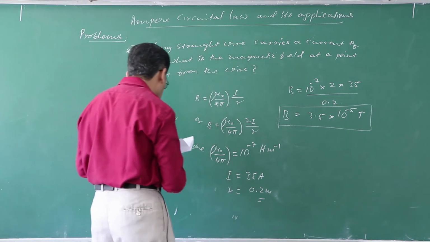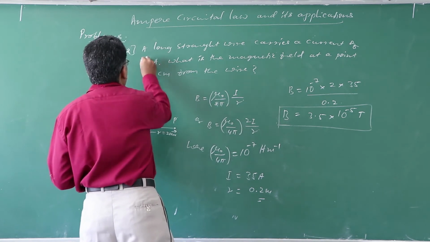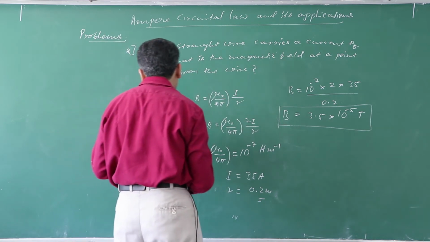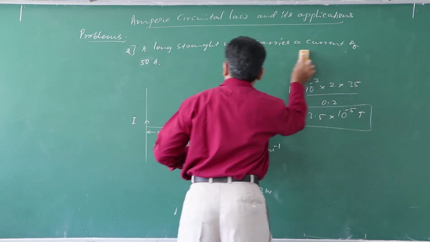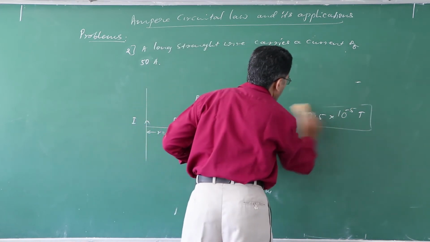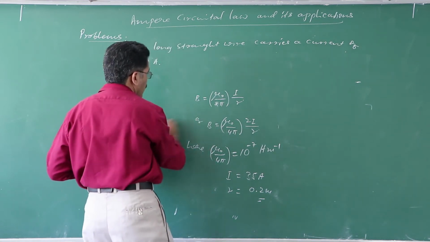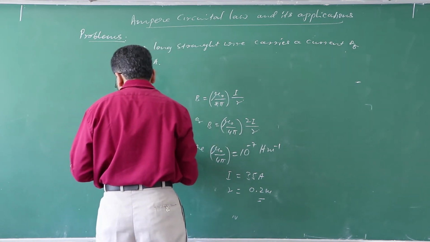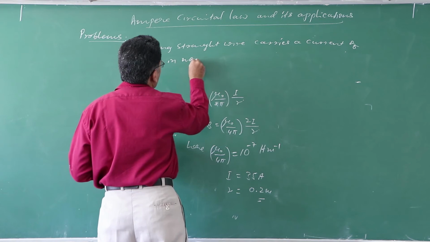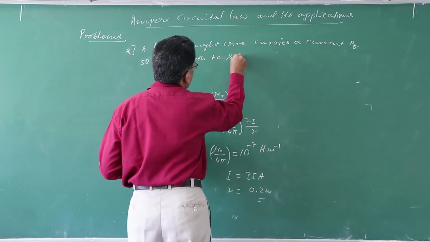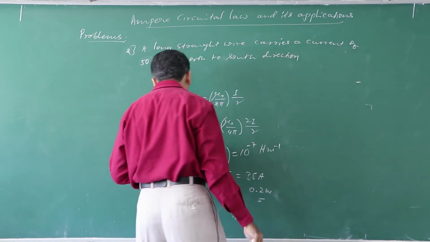A long straight wire carries a current of 50 ampere in the north to south direction.